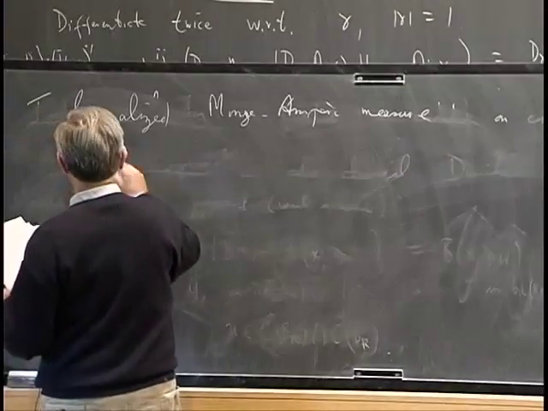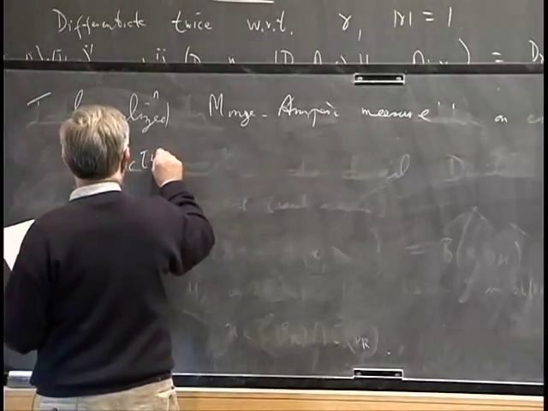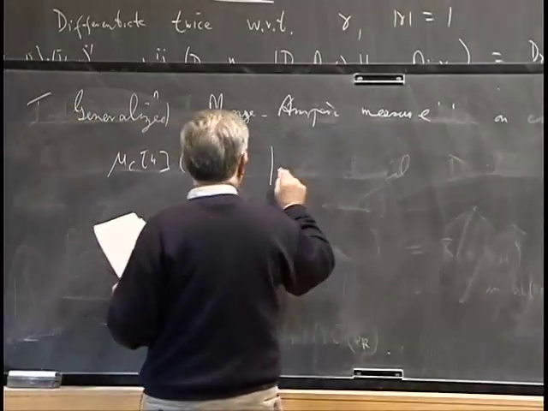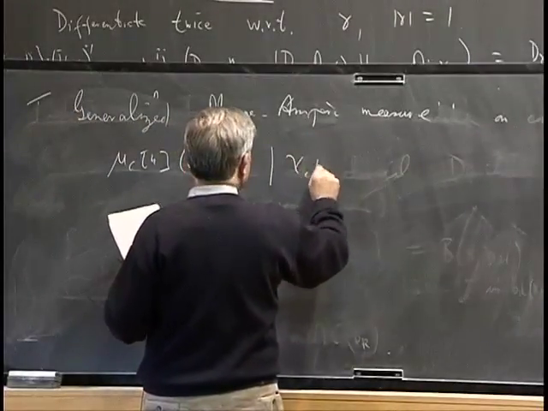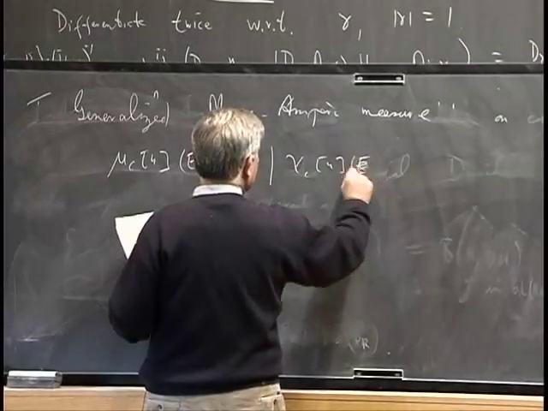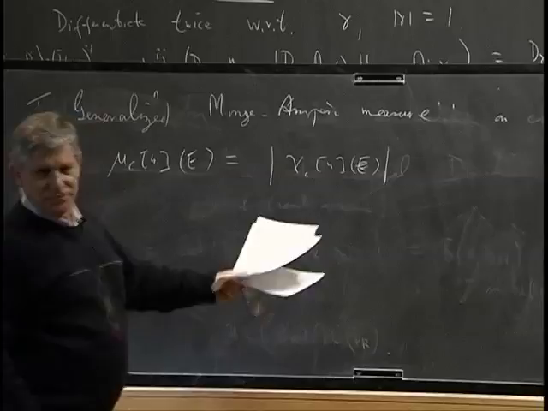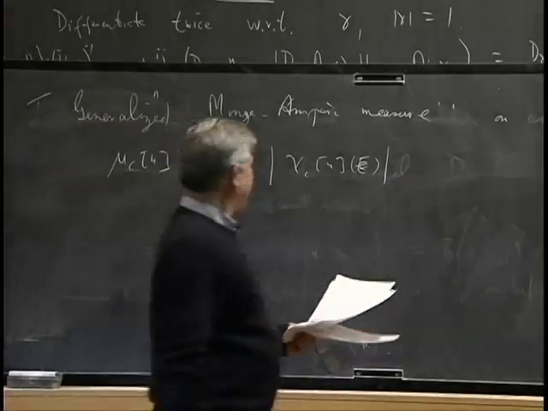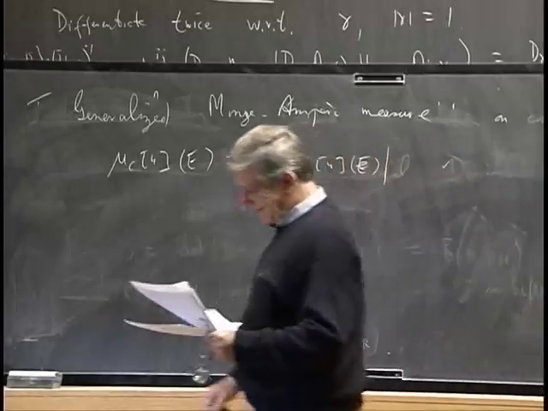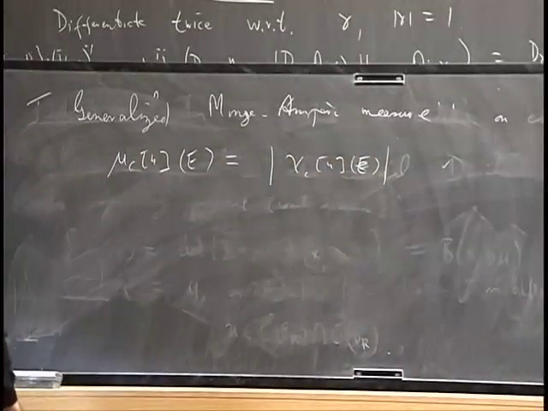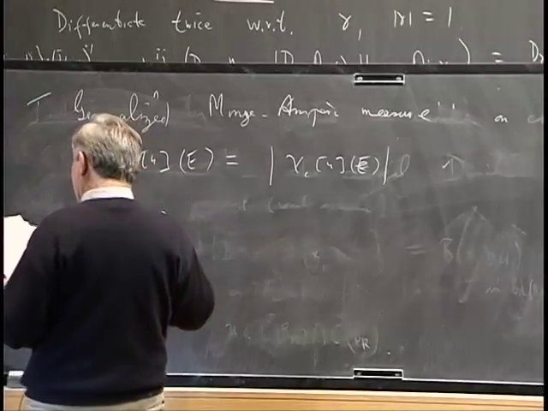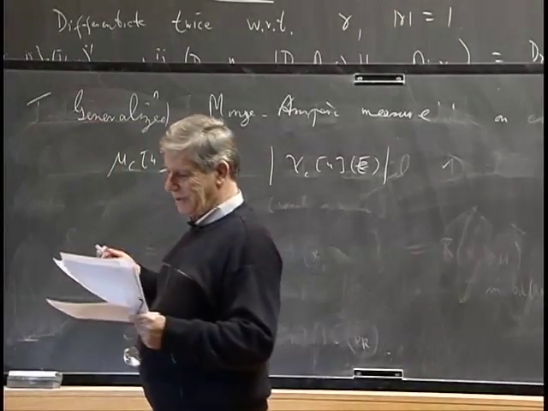So define it this way: mu C of u on a Borel set E is equal to the Lebesgue measure of the image under chi of E. That's fine, but I have to prove this is a measure. We'll just skip that. But this is a measure. And we could also talk about an extension of what Backelmann calls R curvature.